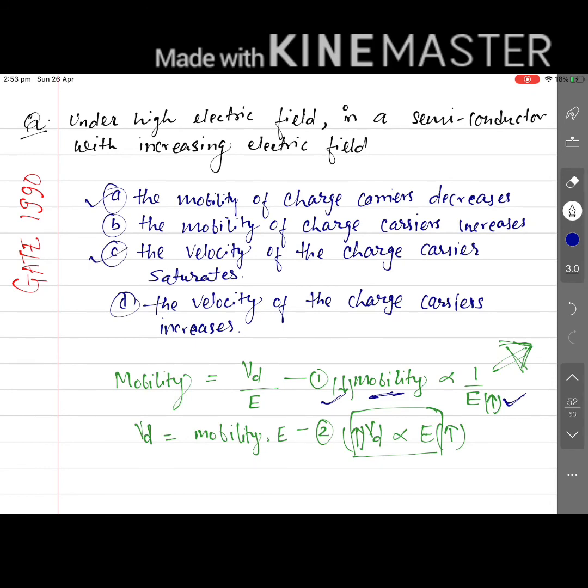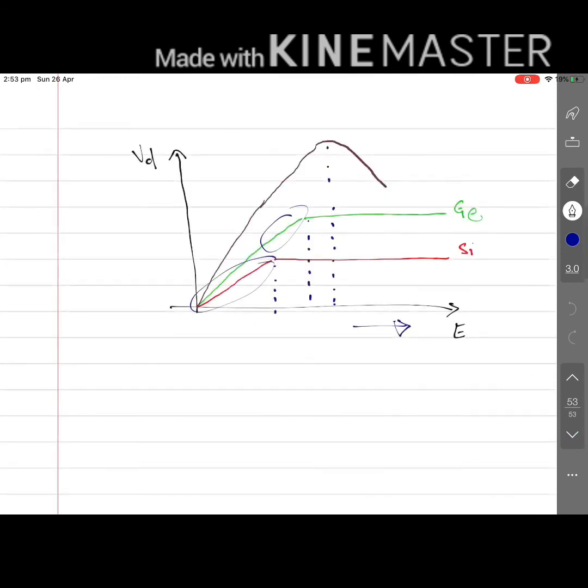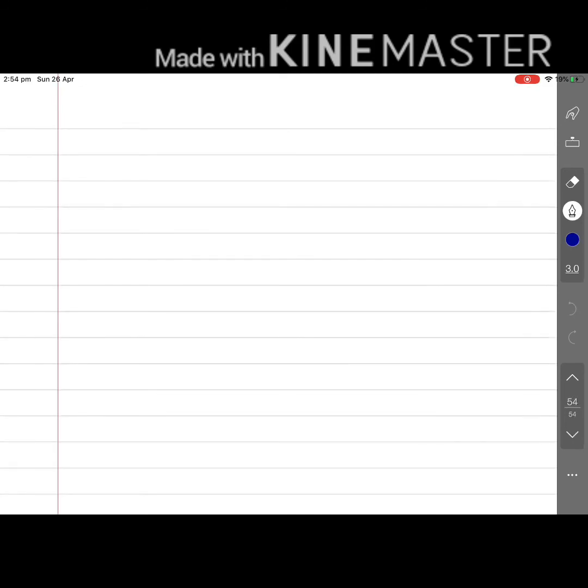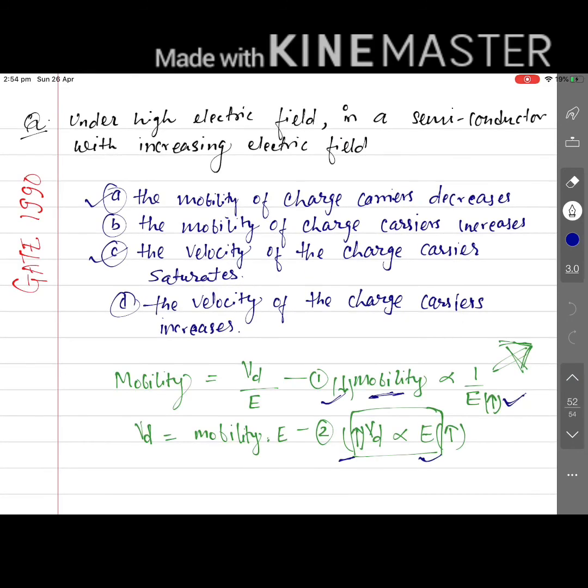So here we can see that the velocity of charge carrier increases, and it gets saturated. This is the point where it gets saturated. So the answer would be A and C.